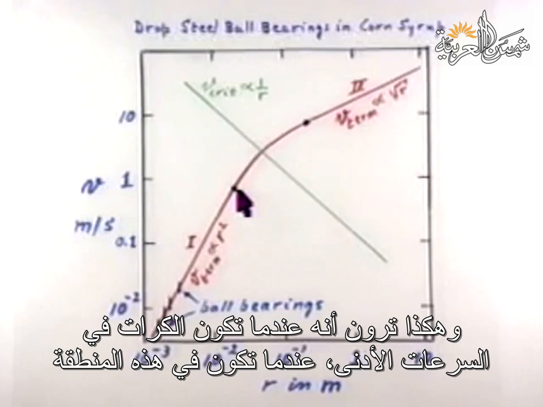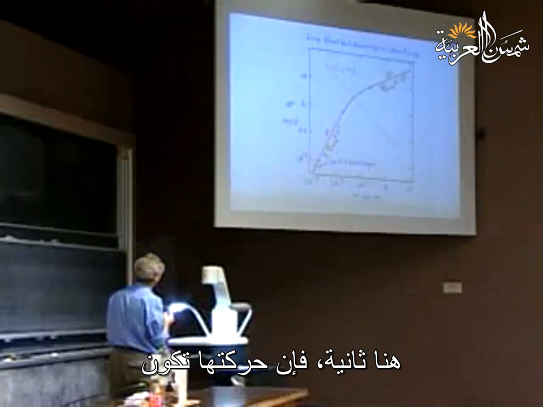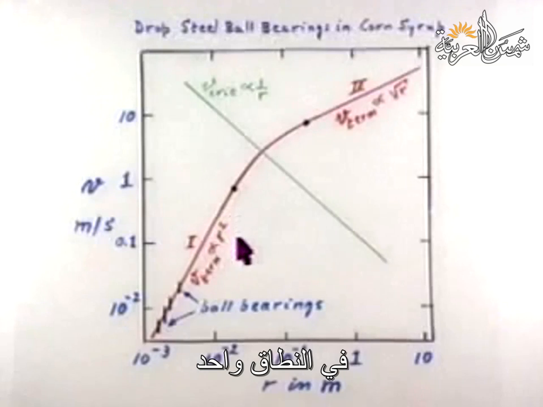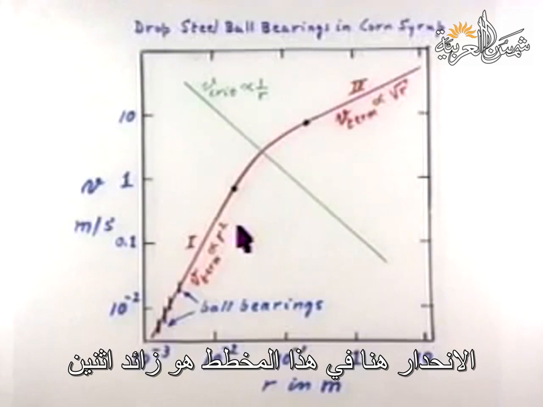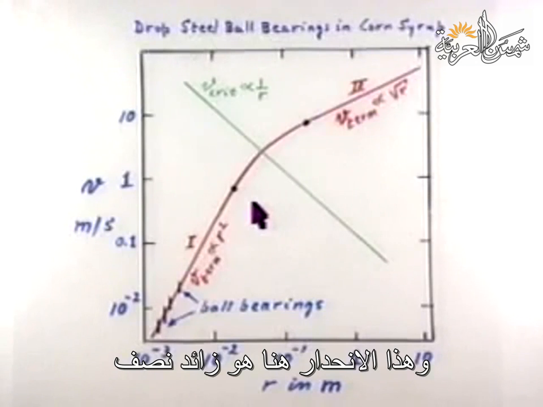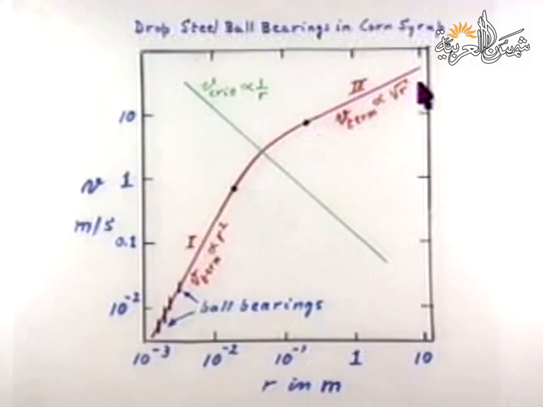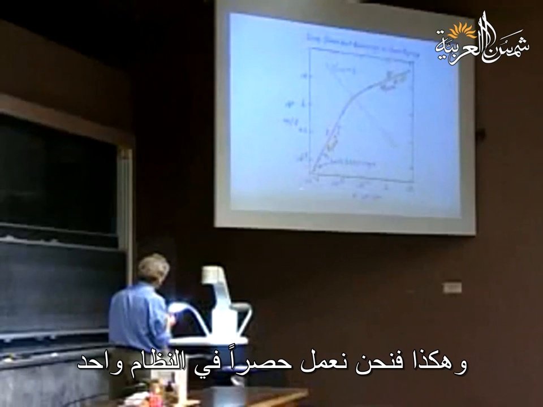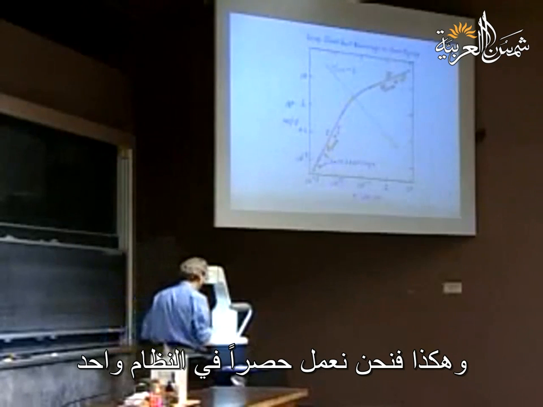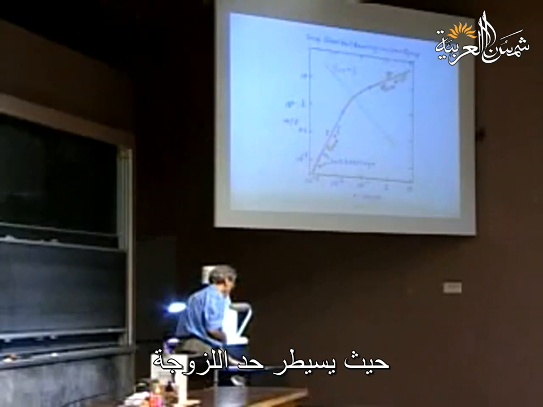And so when you are at lower speeds, you fall exclusively into domain 1, and you see that the terminal speed is proportional to r squared. This slope here is +2 in this diagram, and this slope here is +1/2. Our ball bearings are all here, and so we are exclusively operating in regime 1, where the viscous term dominates.